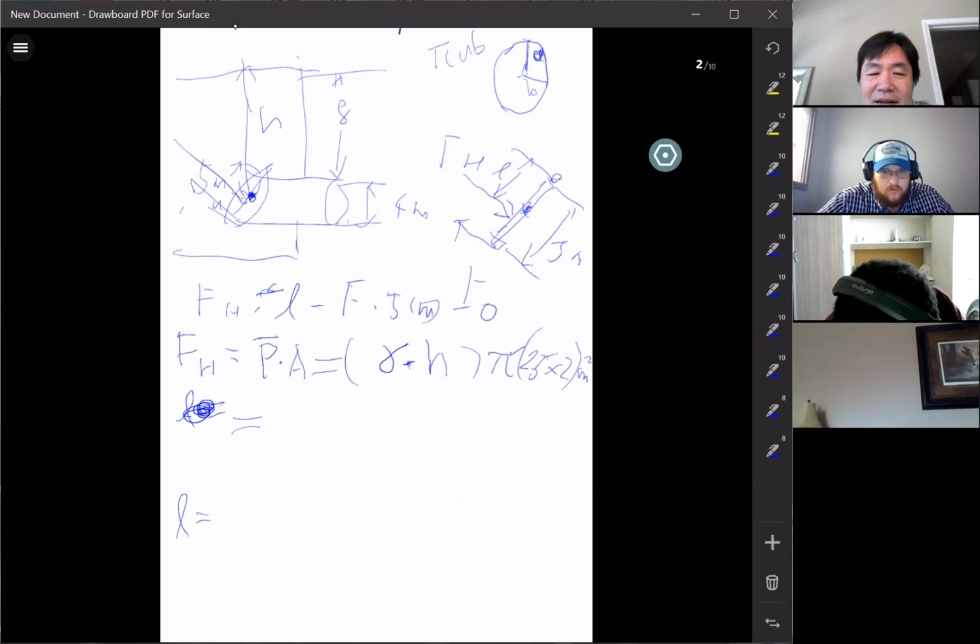Is it YCP sine alpha? No, you don't want to go through YCP. YCP is more complicated than this. That's not the way. Think again. There's a much easier way to find H.